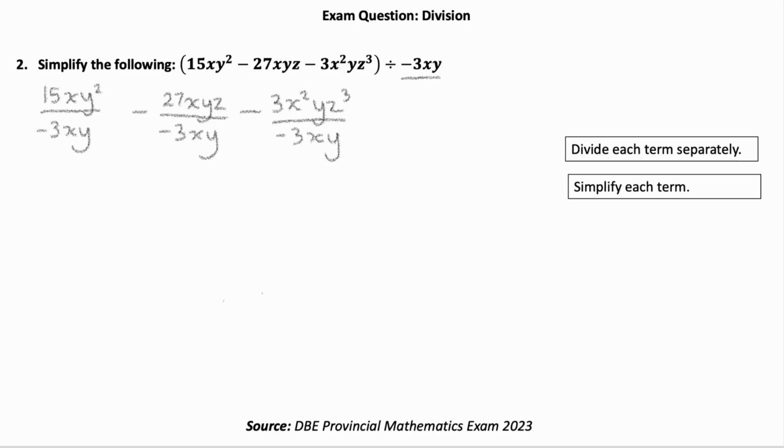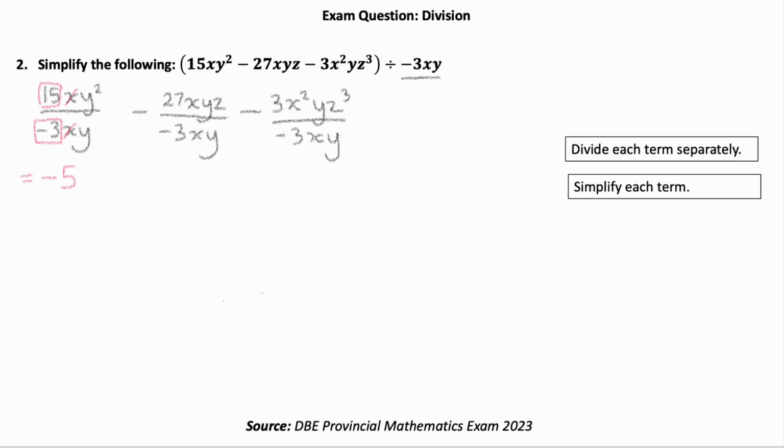Now let's start with the first fraction. First we are going to divide the numbers. 15 divided by negative 3 is equal to negative 5. Alright, the x above the line and below the line will cancel out. Now, let's take a look at the numerator. Here we have y squared.